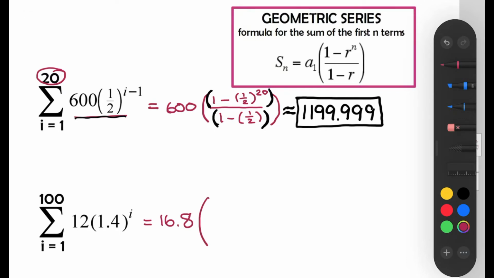And then I'm going to take the 1 minus my common ratio this time to the 100 for the first 100 terms to be added up. And 1 minus 1.4. And where are you going to put the parentheses when you type that in? Right here.